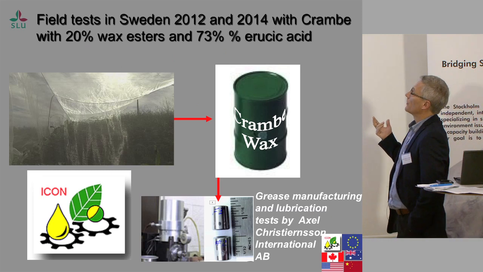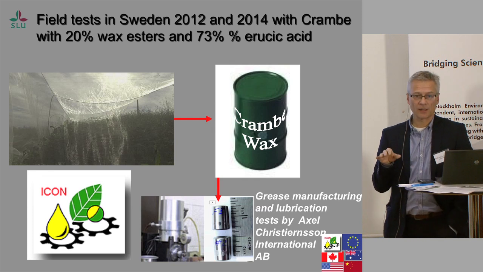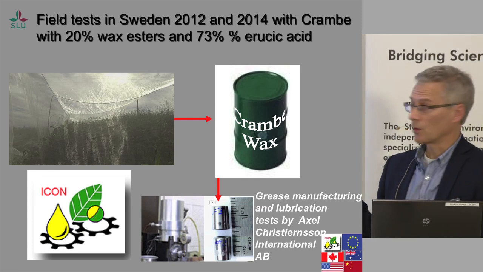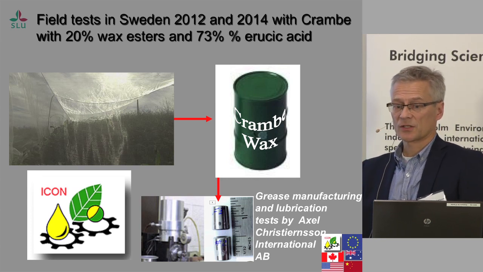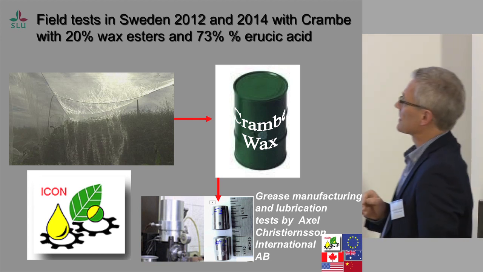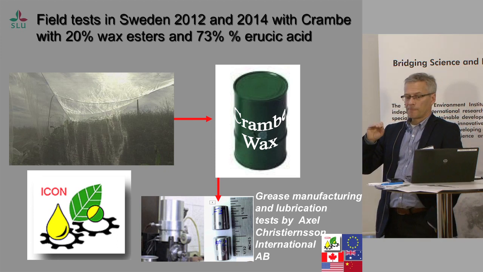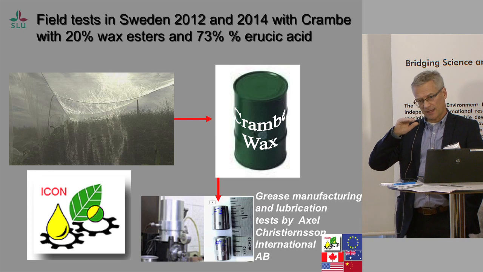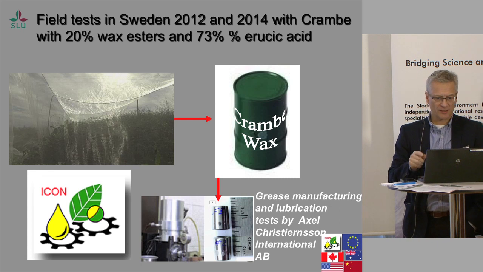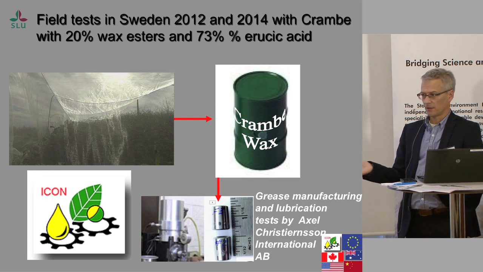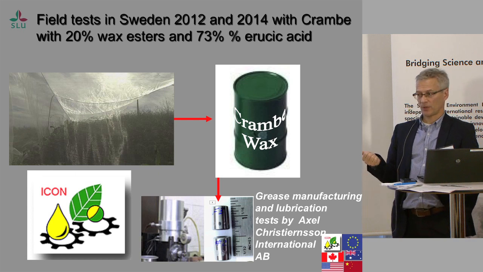So this year, in 2012, there was a field trial done on these 2 oil qualities, the wax esters and the erucic acid. 20% wax esters and 73% erucic acid. And specifically the erucic acid, cranberry is today at the level or at the point where you basically could grow it on the land for a farmer, and it would probably be profitable.